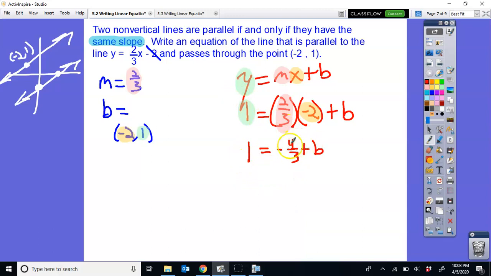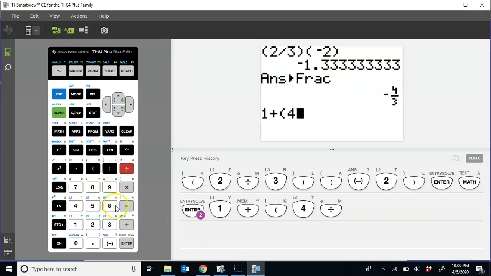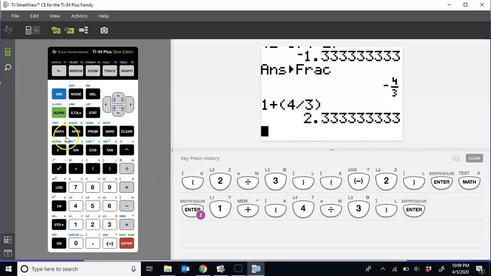Remember, when you move something from one side to the other, you have to use addition or subtraction, not multiplication. So I add 4/3 over here to get b by itself. So 1 plus 4/3. So I go to my calculator and I do 1 plus 4/3, press enter, and then I do math, enter, enter.